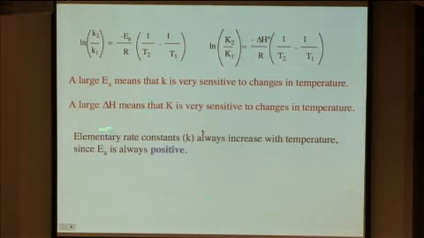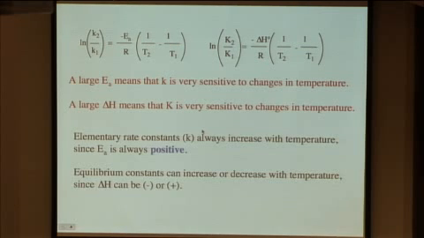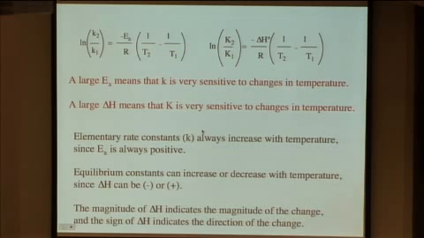EA is always positive, so elementary rates always increase with temperature, whereas delta H can be positive or negative, so equilibrium constants can increase or decrease with temperature. The magnitude of delta H indicates how much K will change, a big change or a small change, whereas the sign of delta H indicates the direction of the change.